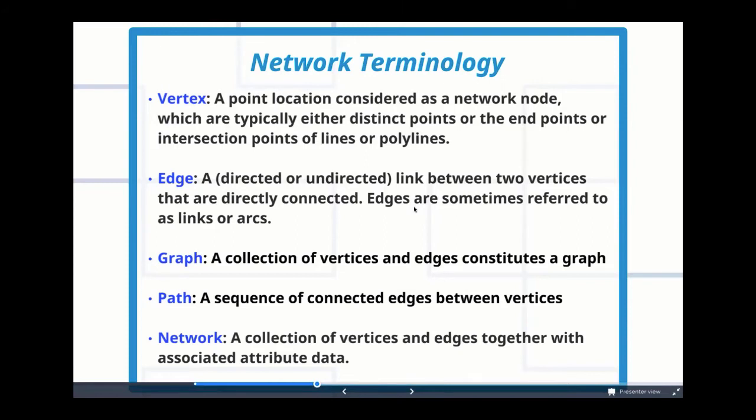Because the terminology here is general, and there is not only a transportation network, it can be a utility network or some other types of network. So the directed network would be like flows, maybe like flow of rivers, flow of water. So they flow through certain directions.